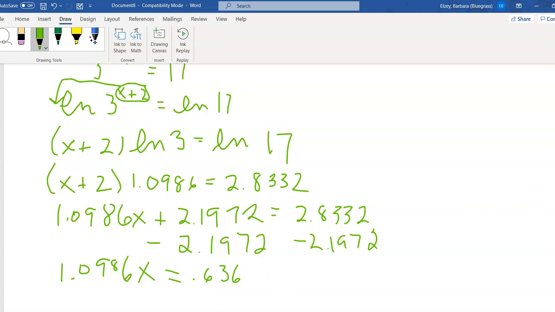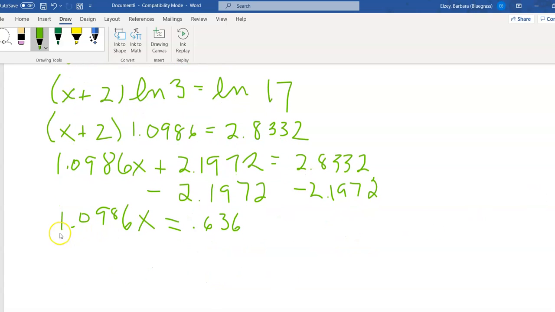All right, and the last step, let's divide out what's with our x. And we'll have our solution. And if we stick that thing into the calculator, we get 0.5789.